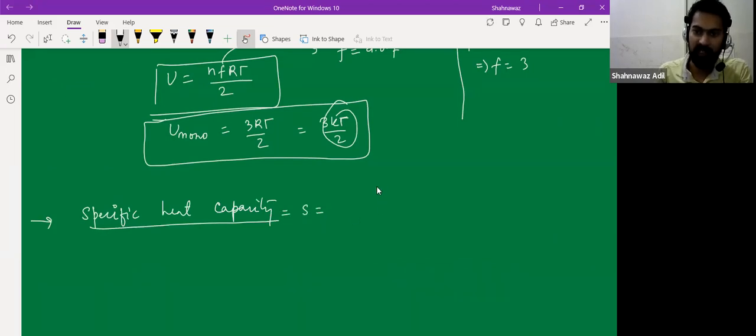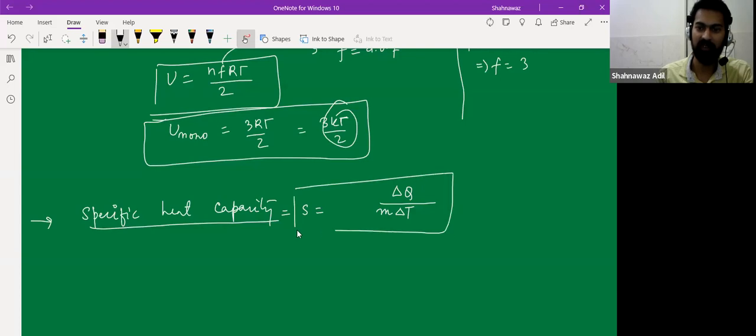It is the amount of heat you need to raise the temperature of the gas by 1 degree, per unit kg of that gas. So for 1 kg, you provide some heat, and then you change the temperature by 1 degree. So this is called the specific heat capacity. Understood, guys?